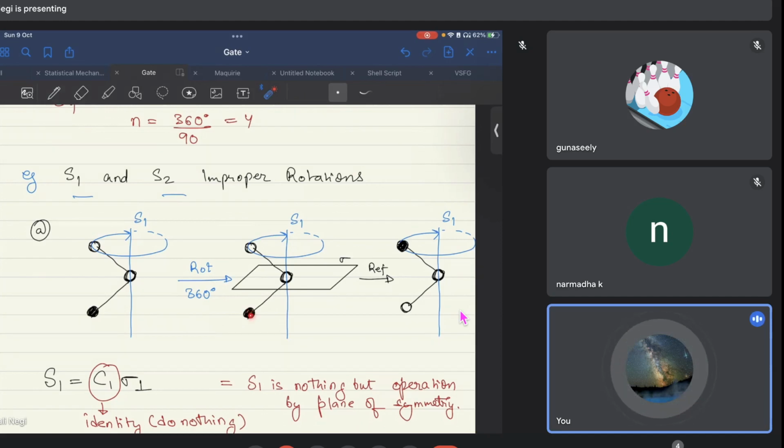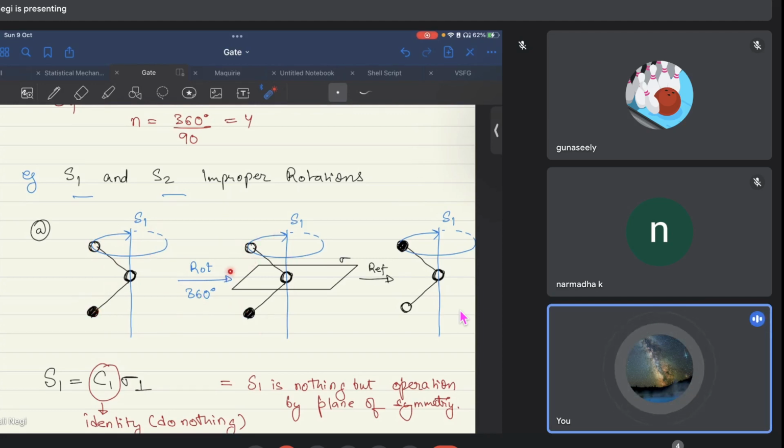So this black one, after the rotation of S1, so what is S1? N equal to 1 means it is doing a full rotation, that is 360 degrees. That means it is doing actually nothing. So rotation of 360 degrees, this will rotate and come back here, this will rotate and come back here. So this will be my configuration.